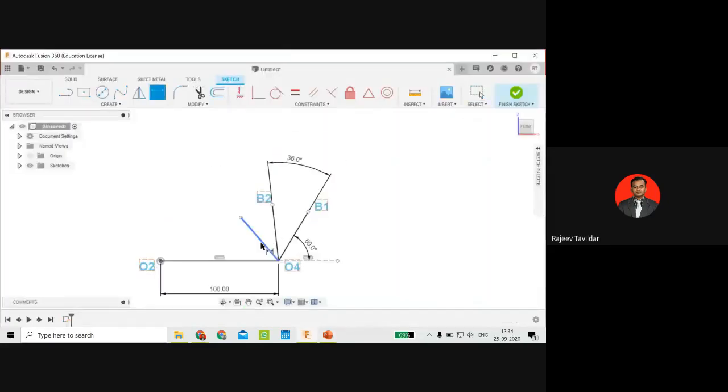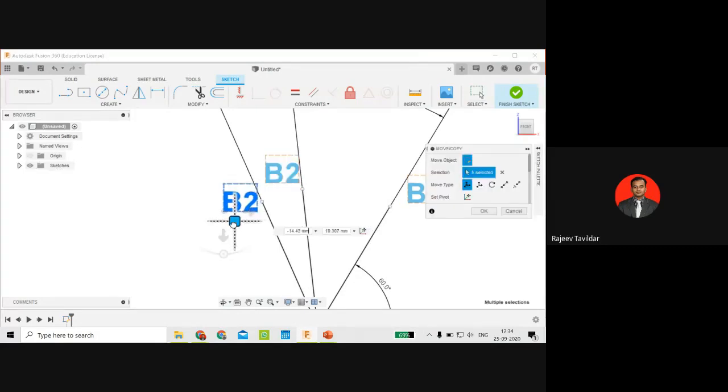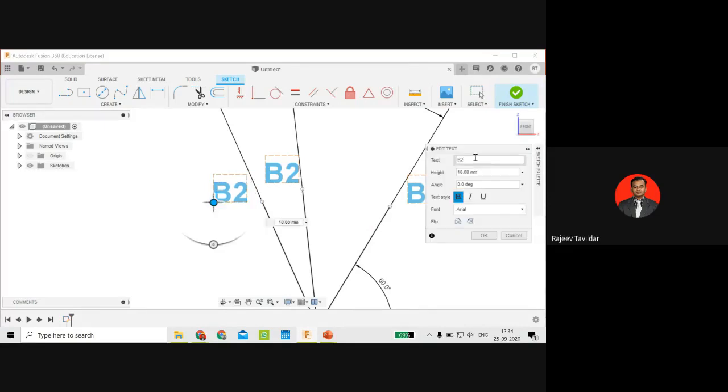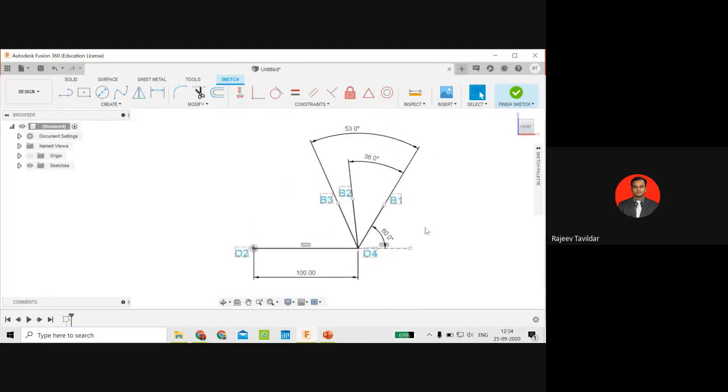So the angle between this link and this link should be 53 degrees, so that I will get B3. I hope it is clear. The first step of synthesizing the linkage: getting B1, B2 and B3.